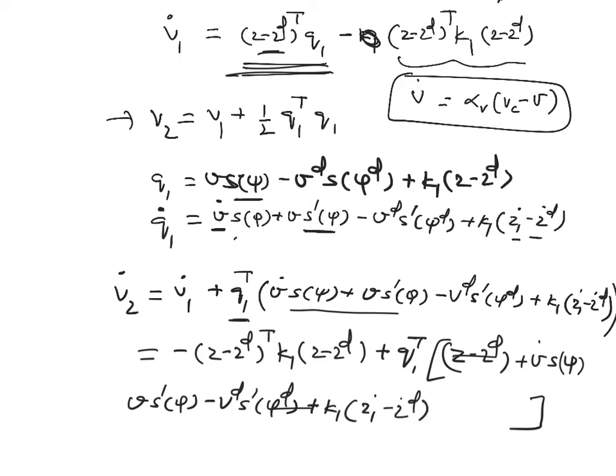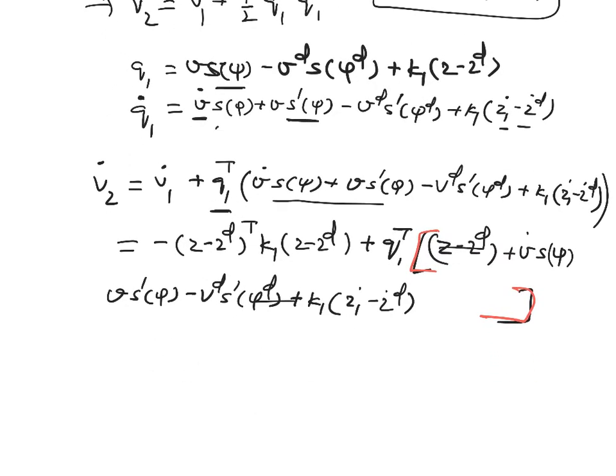Okay, so the brackets here and here are common. So now, what's the next thing? We can plug in these values, v dot, and so yeah, we should plug that in.